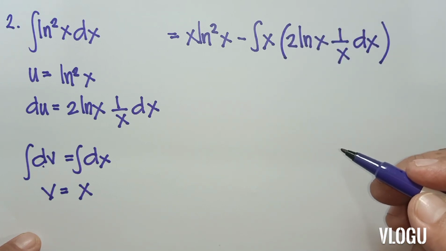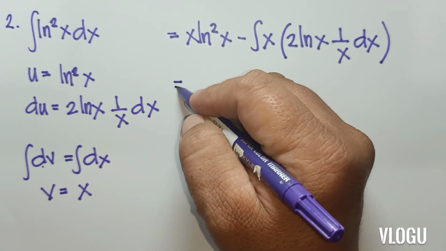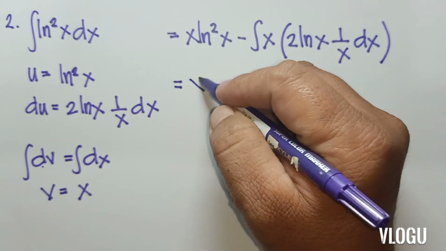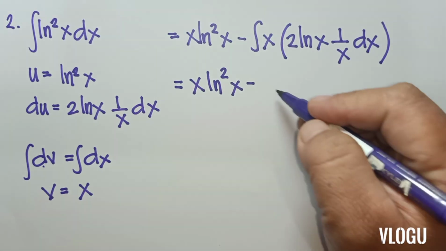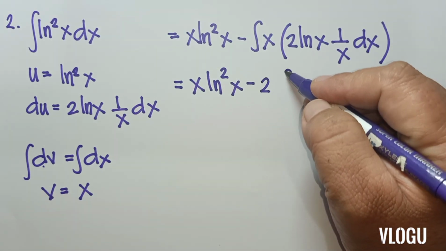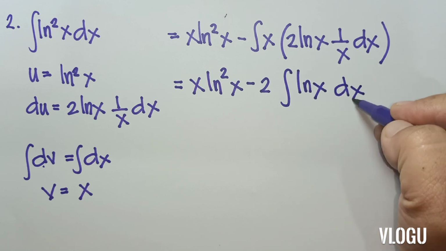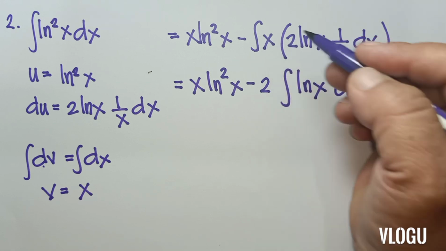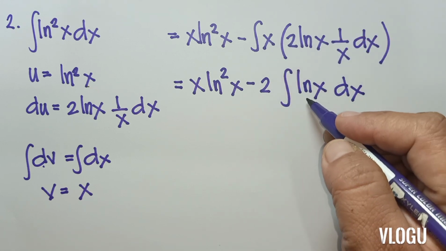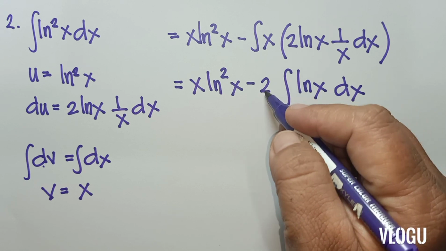So therefore we have x ln squared x minus 2 times the integral of ln x dx, because we can cancel x and x here. What remains is only ln x, and we put 2 outside.